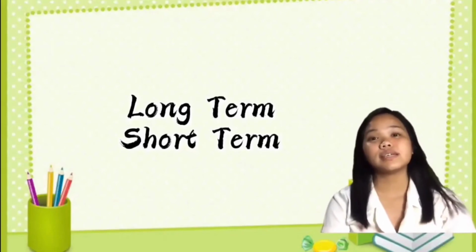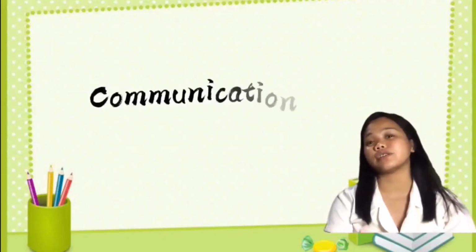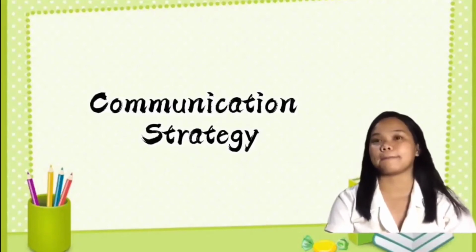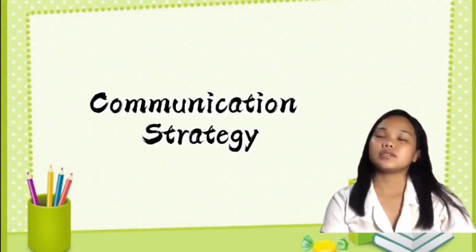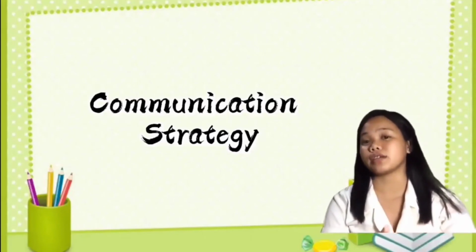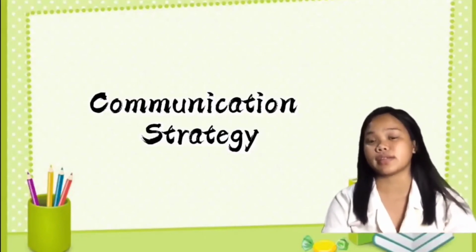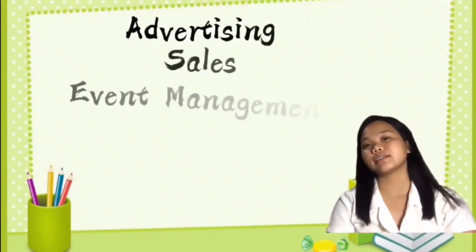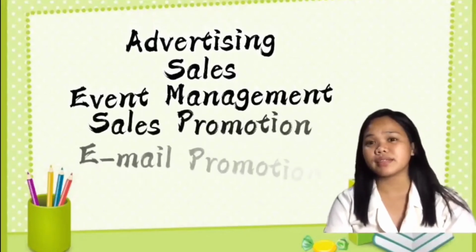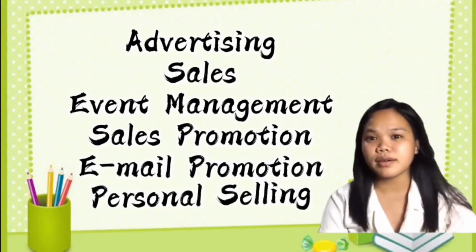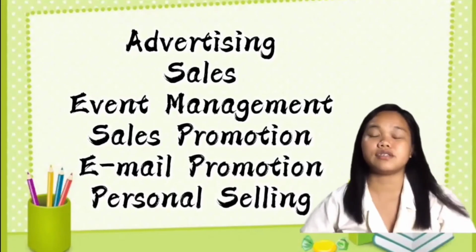Once the communication objectives are set, a retailer studies the market and designs the communication strategy comprising various constituents like advertising, event management, sales promotion, email promotion, personal selling, and so on.